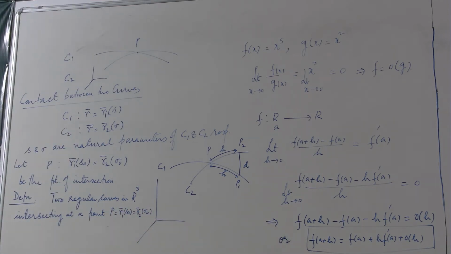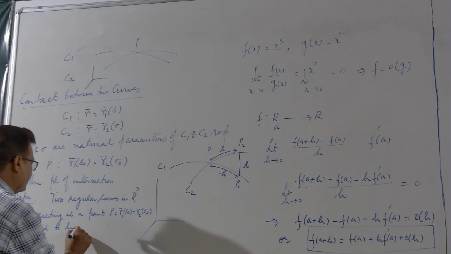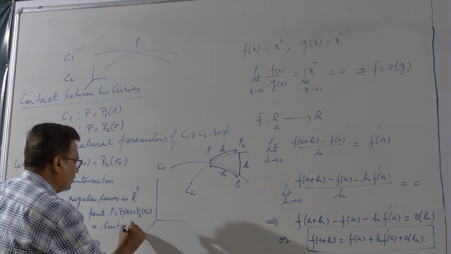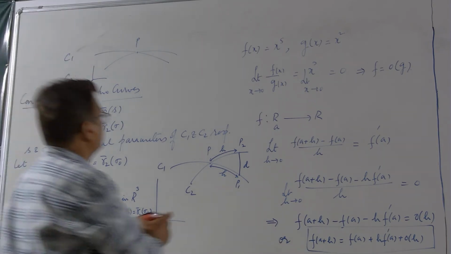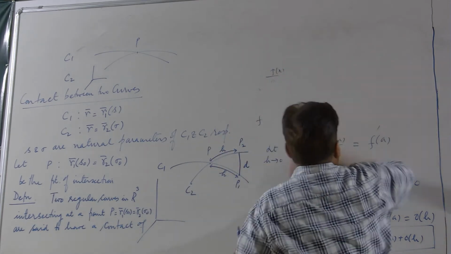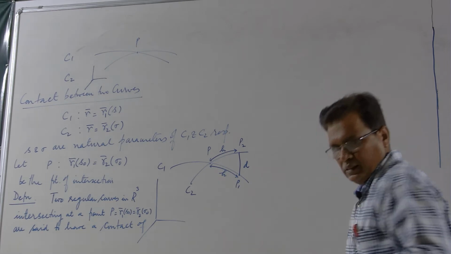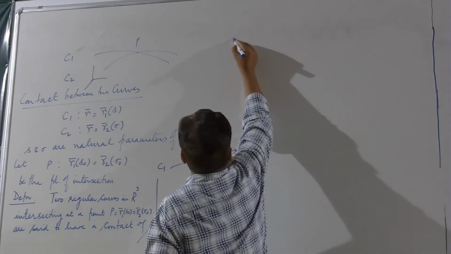Two regular curves in R3 intersecting at a point P are said to have a contact of order n.